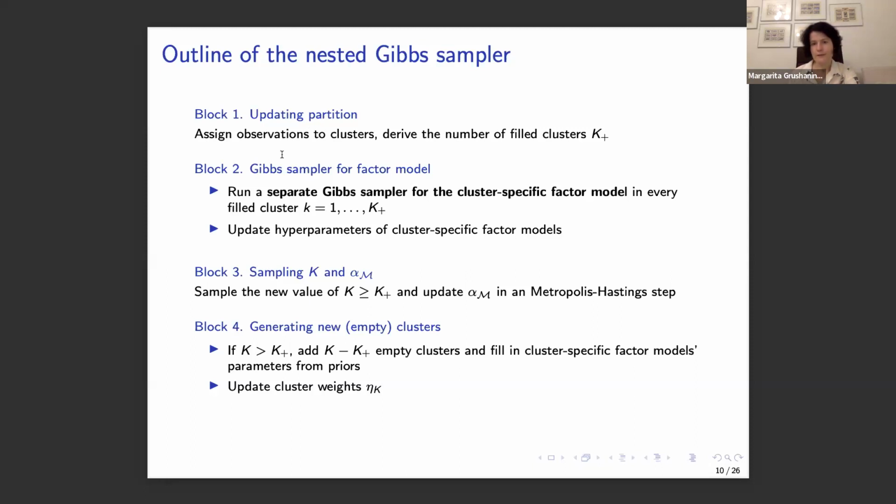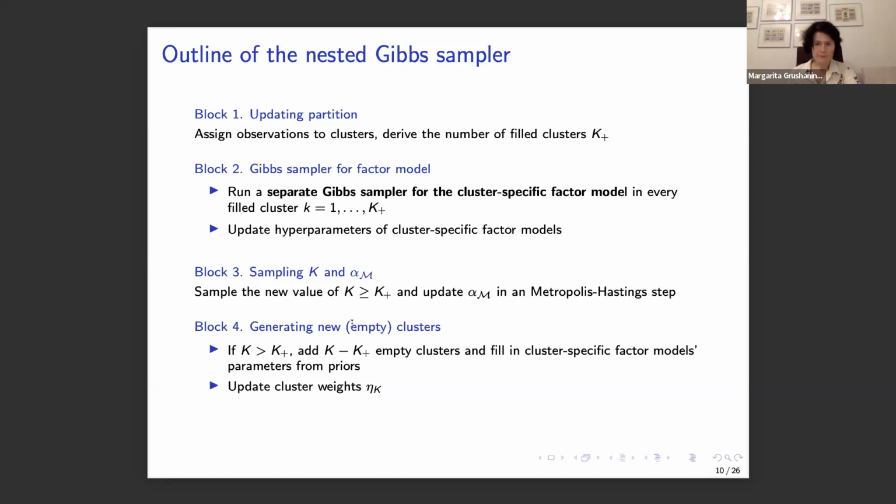So for each cluster, we fully run the Gibbs sampler for the factor model and derive the number of active factors, and then we update the hyperparameters of the cluster-specific factor models, and then we come back to our mixture model and sample the new number of components and the Dirichlet concentration parameter. And then in the fourth block, we compare our newly sampled number of components in the mixture, and if it's bigger than the number of filled clusters, then we generate empty clusters and fill in the cluster-specific factor models in these empty clusters from the priors.